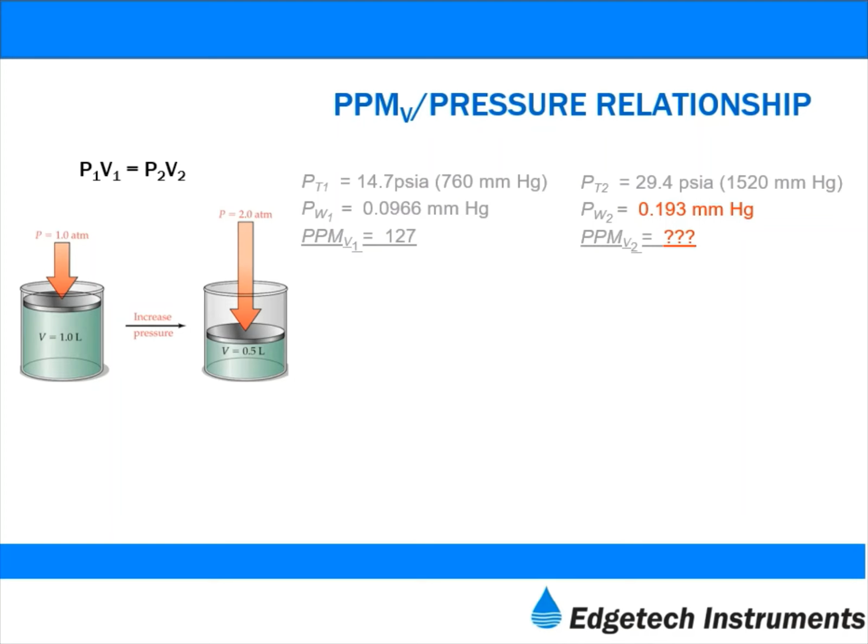We already know that dew point was minus 40 C dew point. If you do the math of dividing 0.0966 millimeters of mercury by 760 millimeters of mercury, and you multiply by a million, that's going to give you 127 parts per million. Okay, so then we squeeze the plunger down and we increase the pressure to 2 atmospheres, which is 29.4 psi, or 1520 millimeters mercury.